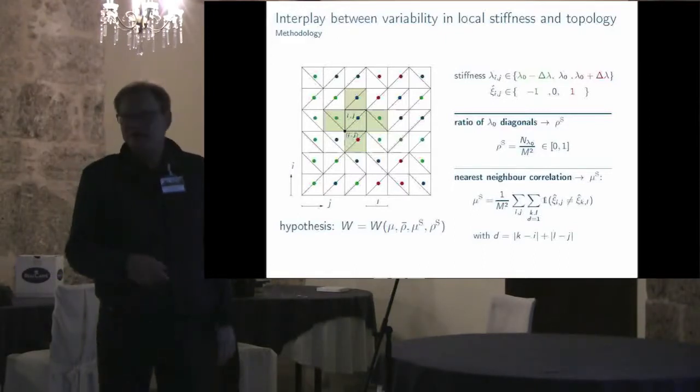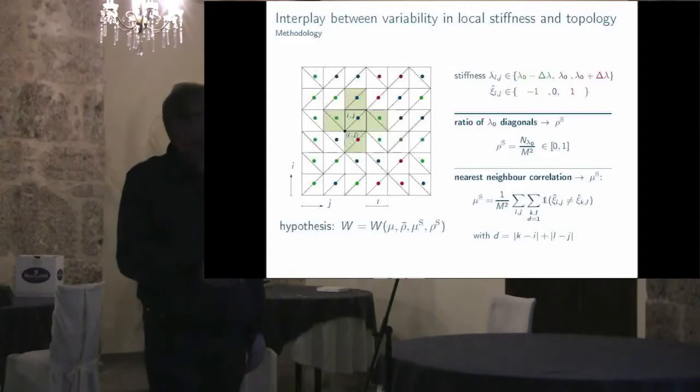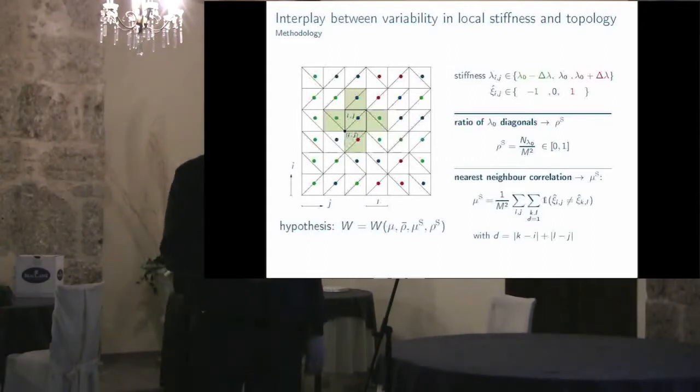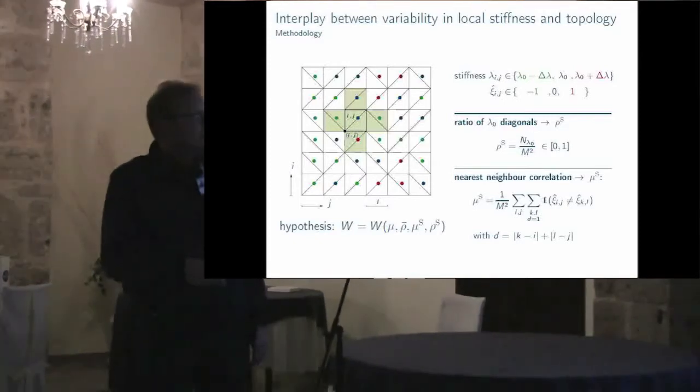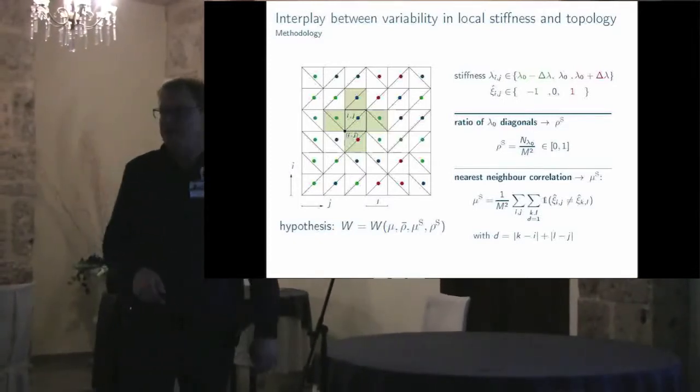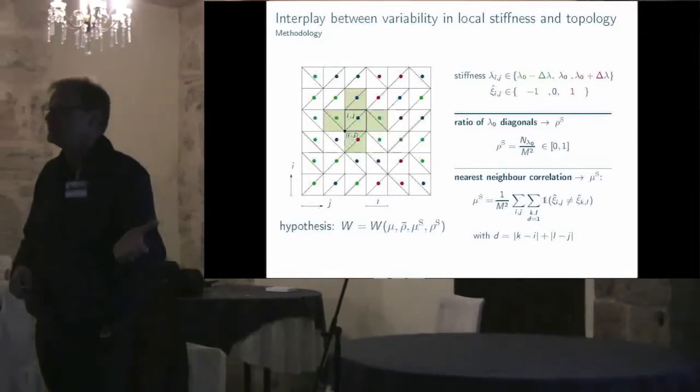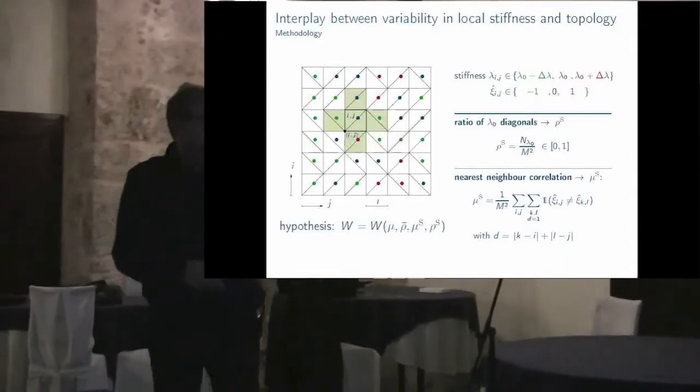And in the same fashion as before, we can define this nearest neighbor correlation, or this order measure, if you like, again locally, and the global value we obtain by summing up all these local results and dividing by m squared.